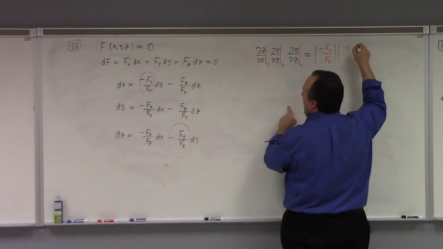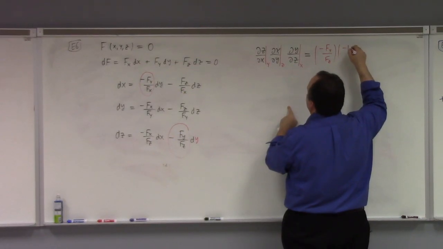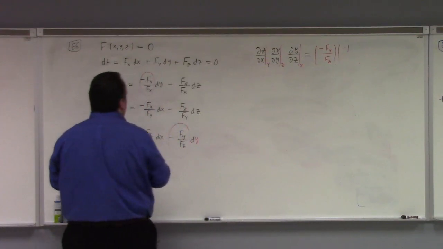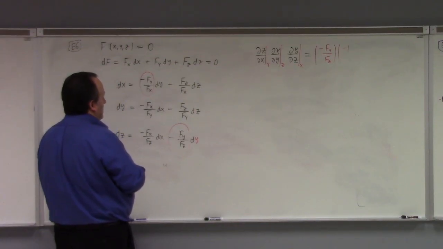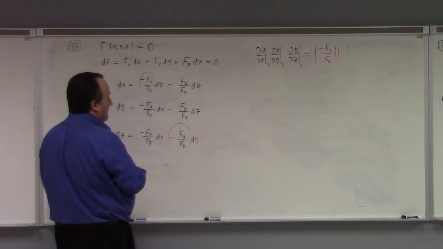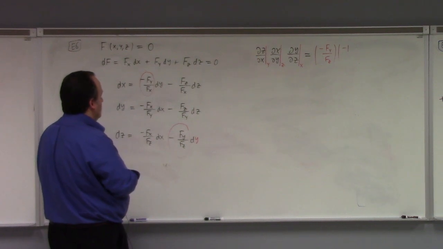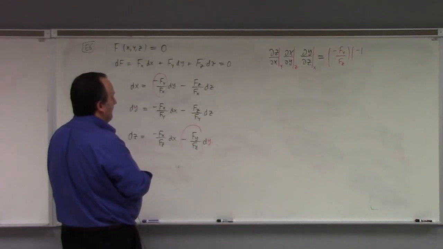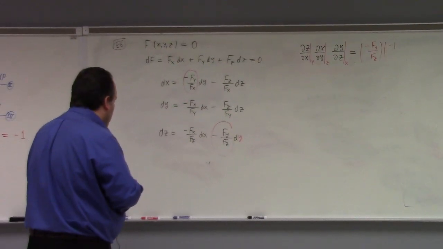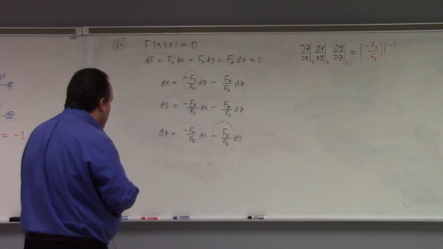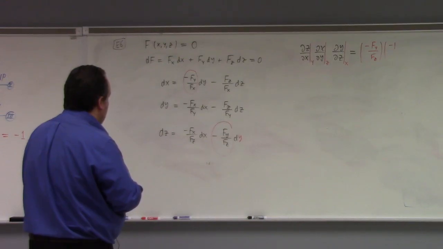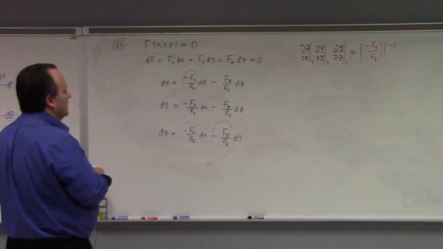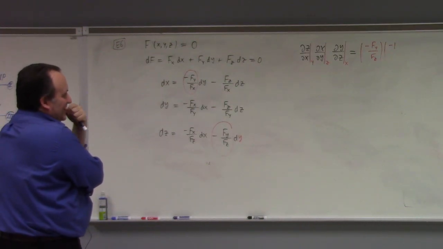Oh, wait a minute. Did I do it wrong? For the first partial, partial z partial x, we look down here at dz and find the x term, the first term.